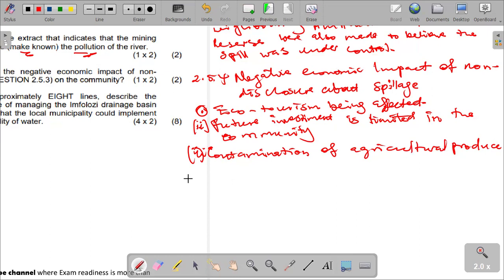Another economic impact is an increase in medical bills. When people get sick and go to hospitals, that would also impact their businesses and their money. We can also talk about the increase in the budget for water purification.